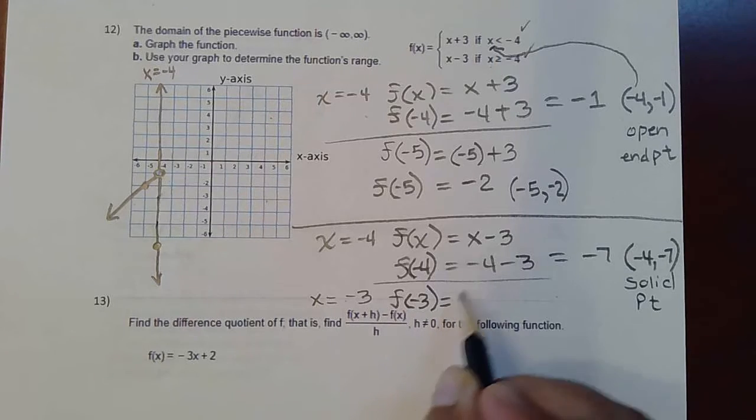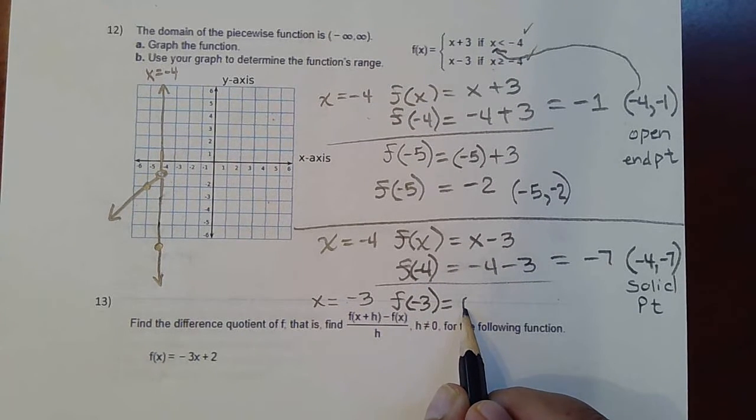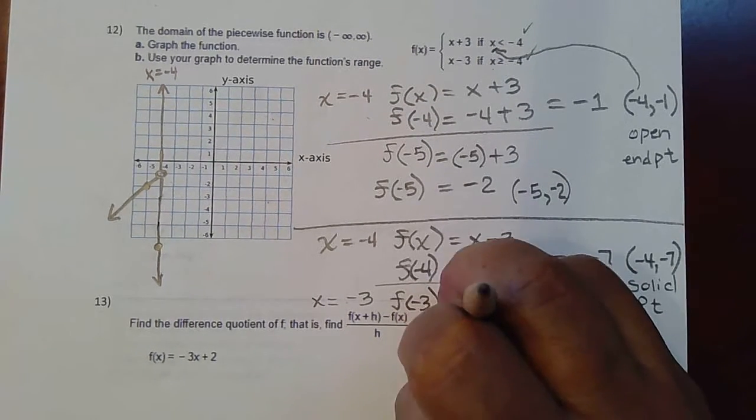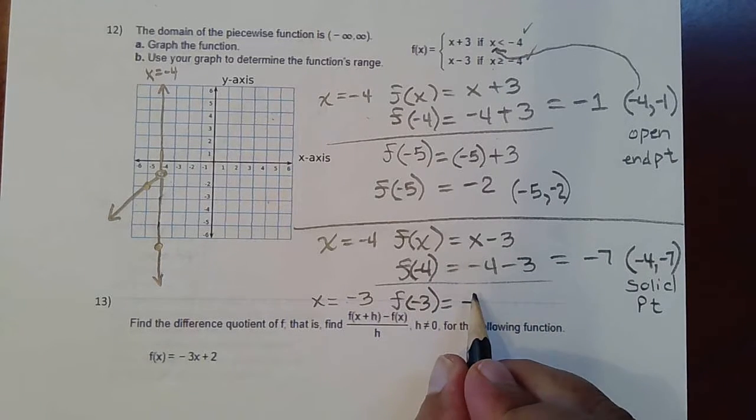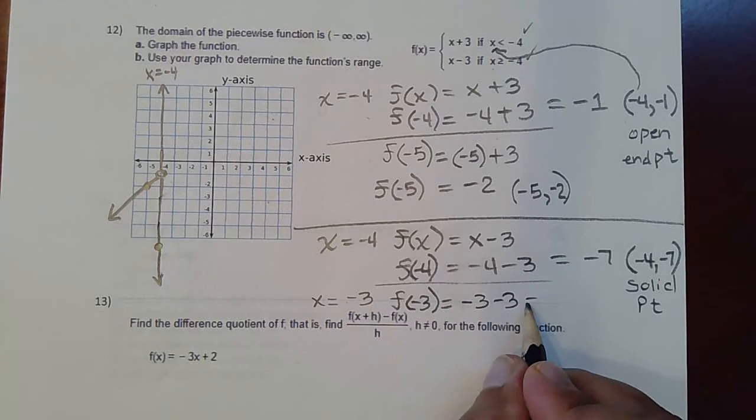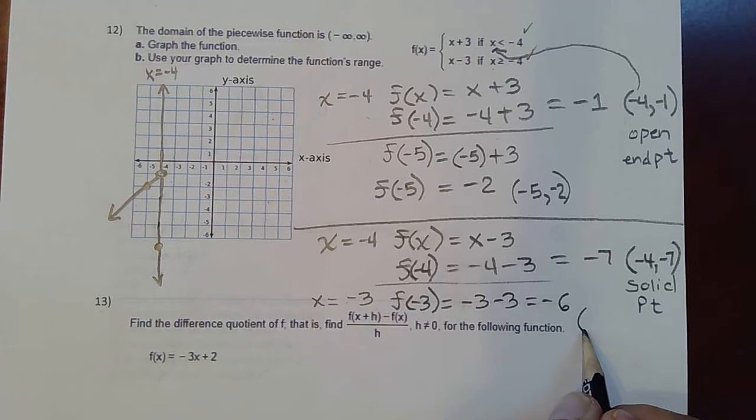The function I'm plugging into is x minus 3. So -3 minus 3, that's equal to -6. And now I have another point to plot, which is -3, -6. Okay.